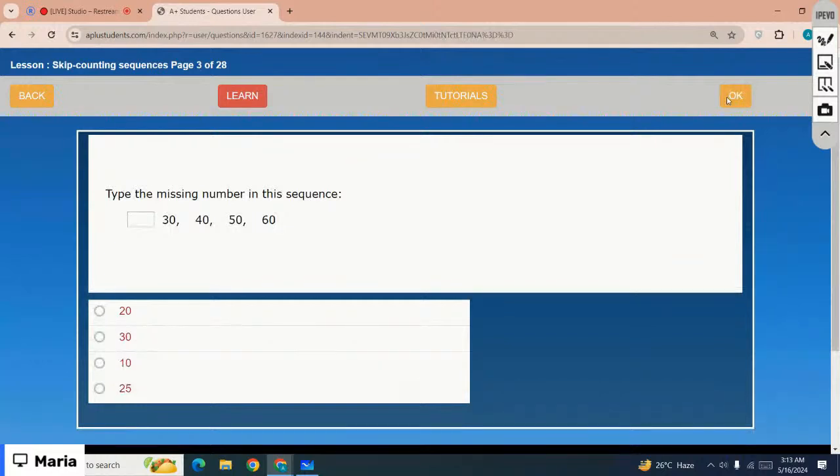Type the missing number in the sequence. So, which is the number? The correct option is 20, it is, right?